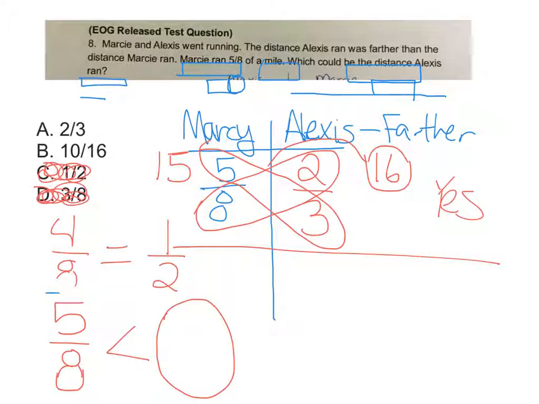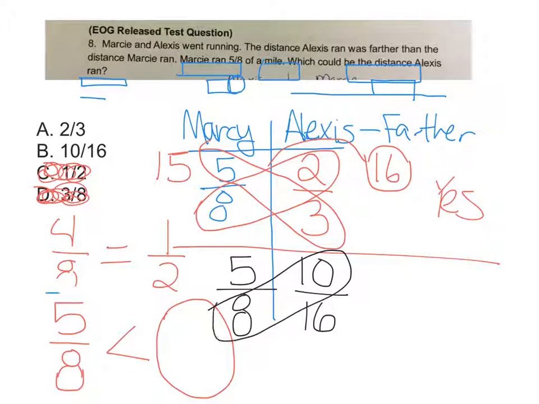So we're going to try out B as well. To make it a little bit easier, I'm going to change colors again. 5/8 is how much Marcy ran. We're going to try out 10/16. 8 times 10 is pretty easy.